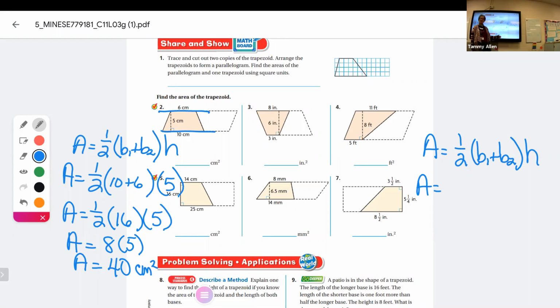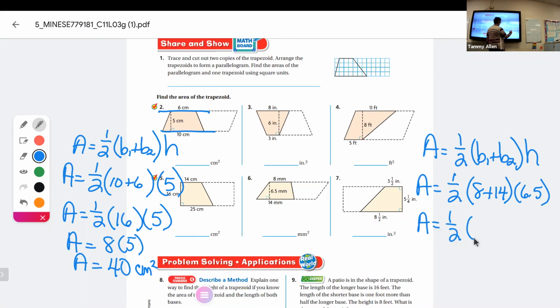What did you do for the substitution step? All right. What's your next step look like? Audra? A equals 1/2, 22, 76. Okay. 6 and 5 tenths? Okay.